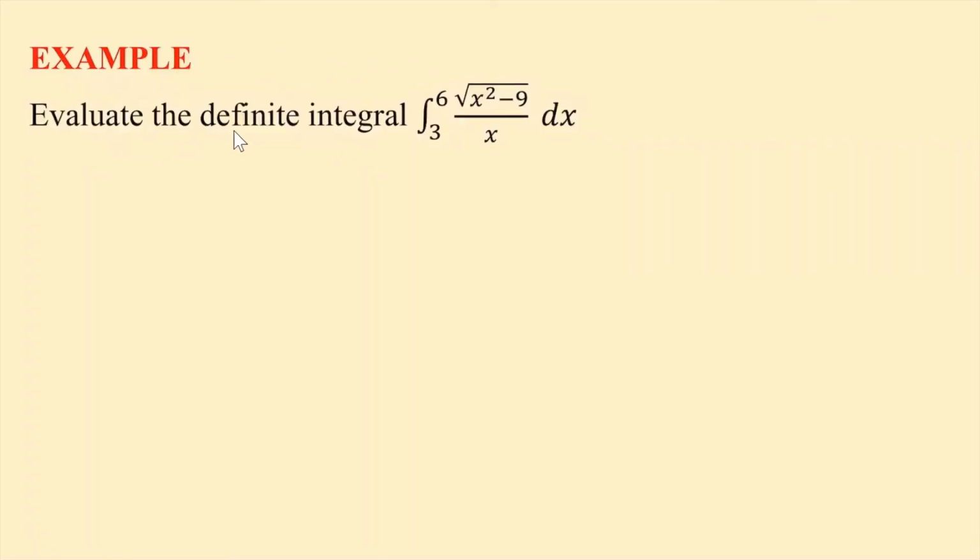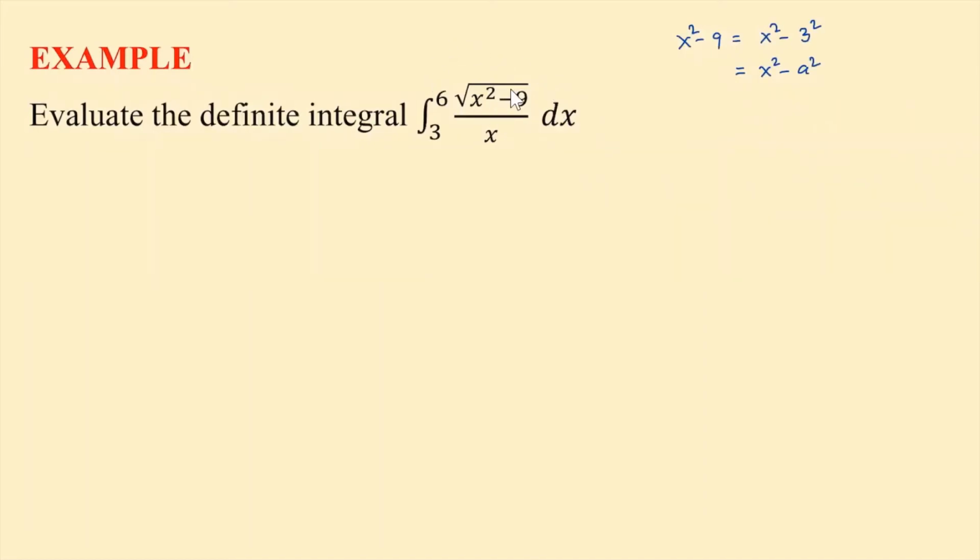Example, evaluate the definite integral from 3 to 6 of square root of x squared minus 9 over x dx. Looking at this integral, it involves x squared minus 9, which is the same as x squared minus 3 squared, and this resembles x squared minus a squared.